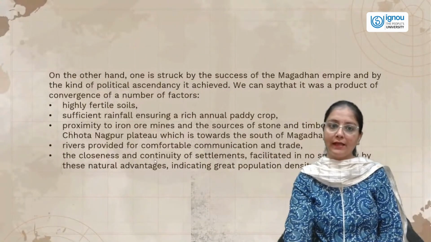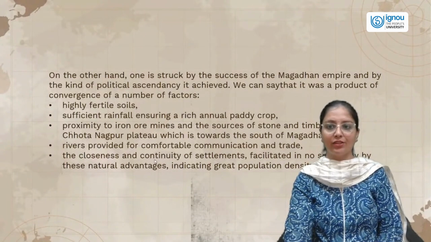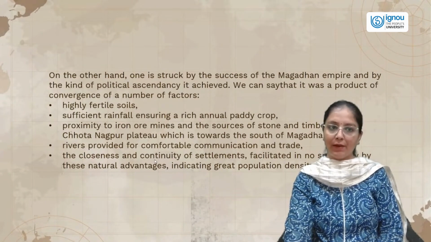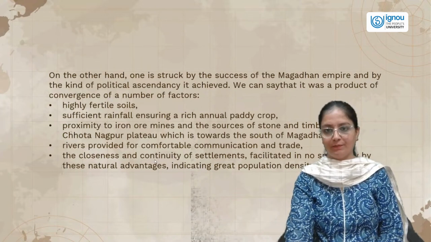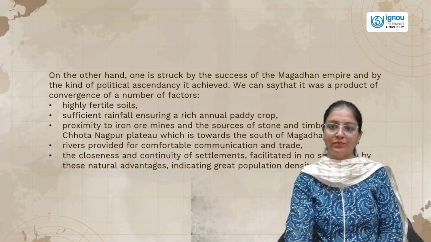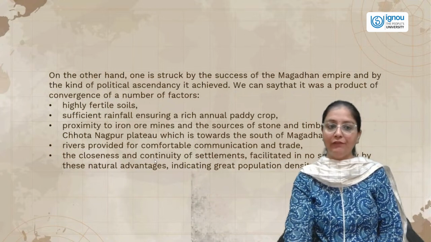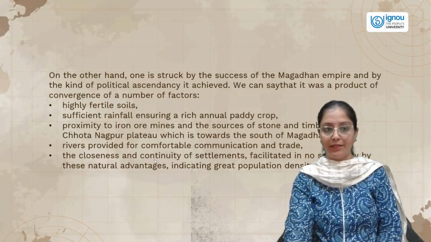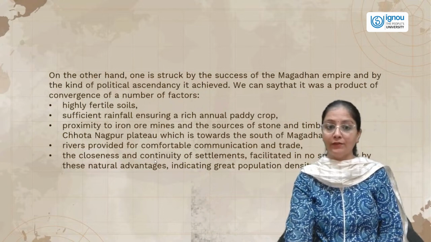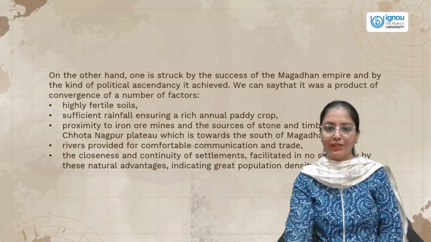On the other hand, one is struck by the success of the Magadhan Empire and by the kind of political ascendancy it achieved. We can say that it is a product of convergence of a number of factors. These factors are highly fertile soil, sufficient rainfall ensuring a rich annual paddy crop, proximity to iron ore mines, and rivers providing comfortable communication and trade.